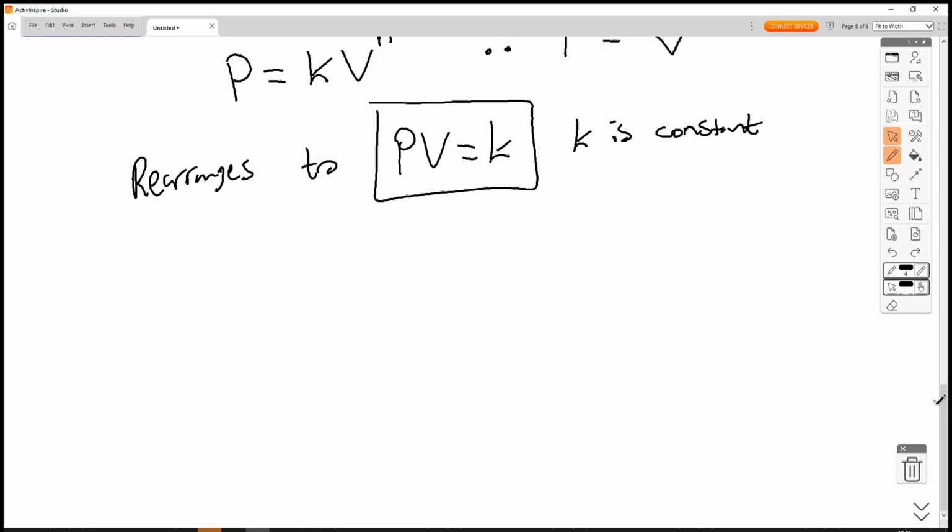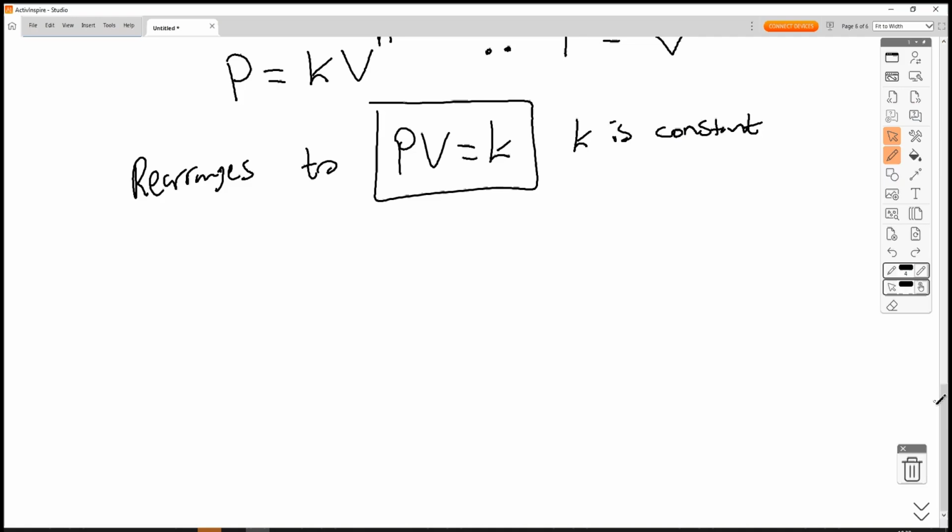Now, from all of this, we can get a definition. So the gas was trapped inside a container. No additional gas molecules were able to come into the container. No gas molecules were able to leave the container. So the mass of gas was fixed.